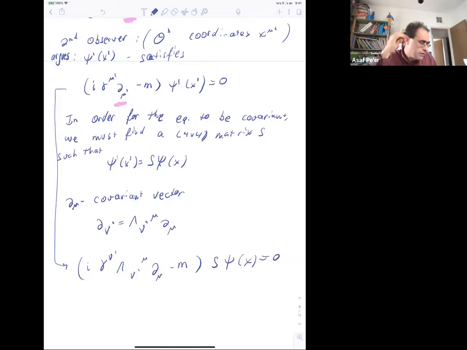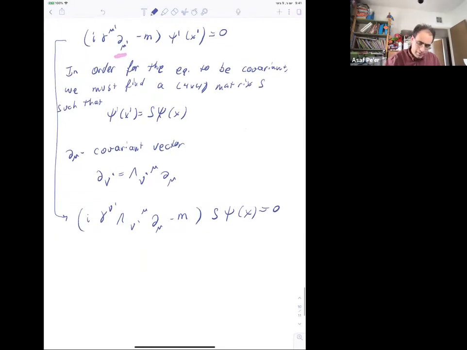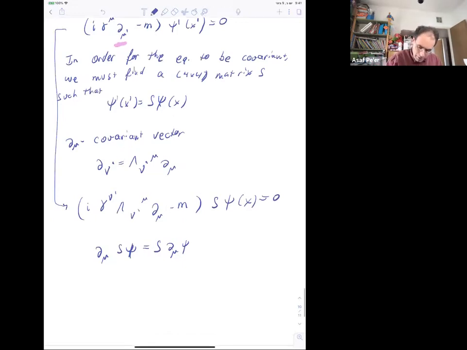Now the S matrix, it's just a constant matrix, right? So I can take it away from the derivative. Right? So partial mu of S psi is just S partial mu psi. Right? S is not dependent on the coordinates. So I have i. Now remember that the nu prime here is a dummy, so I can remove the prime because it's just a dummy index.